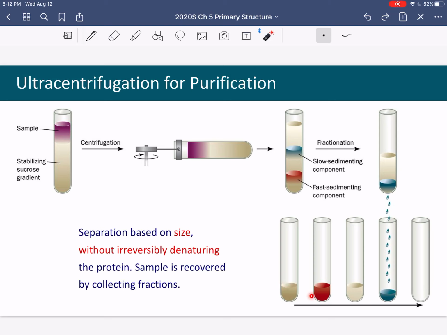The second fraction has the red component, the dense protein component, and then there's a gap, the less dense sucrose region of the gradient that has no protein, and then the blue protein component, etc. And that really only separates very large, very dense macromolecules like the ribosome.